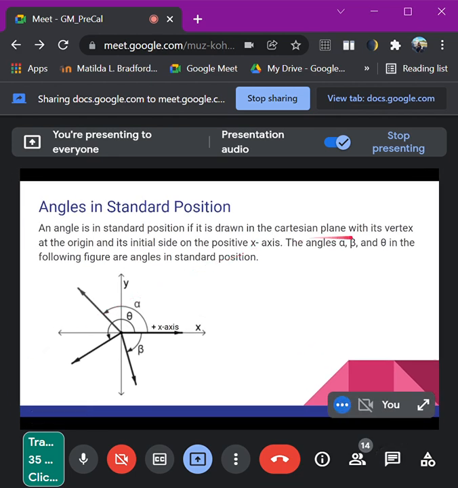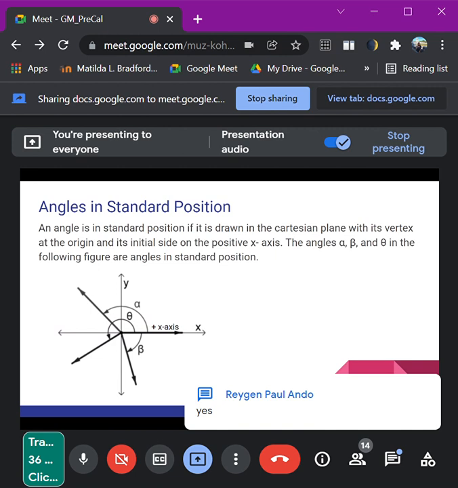Now, let's look at our theta. So we have here theta and this is its angle, class. Is it in standard position? Yes or no? We just look at where its initial side is, where it started. Is it on the positive x-axis or the negative x-axis?